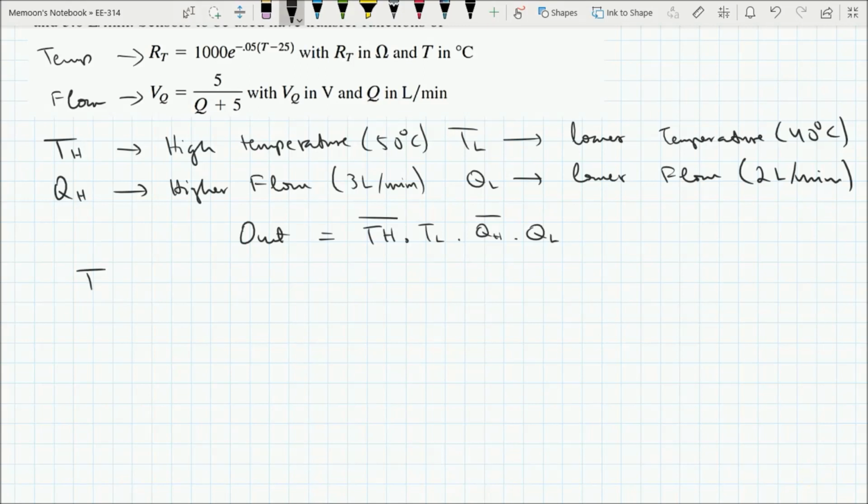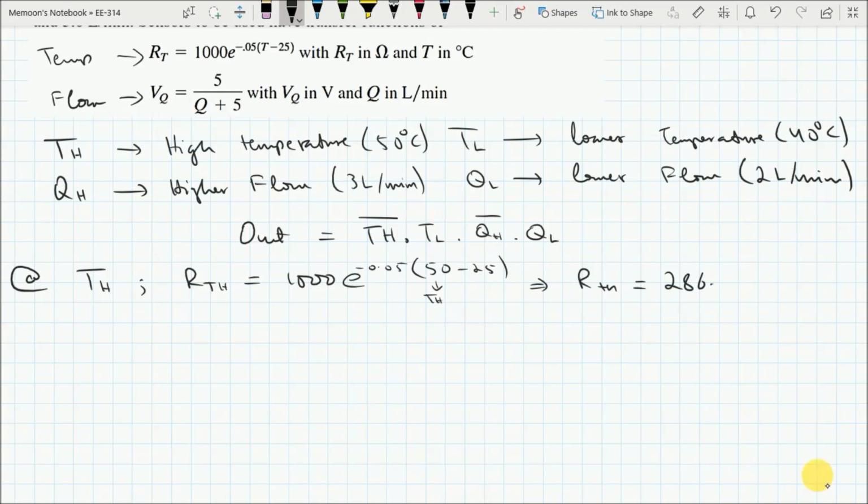So at TH, RTH will be equal to 1000 into e raised to power negative 0.05 into (50 minus 25), because right now we are considering the temperature to be 50 degrees, and that gives us RTH equal to 286.5 ohms.